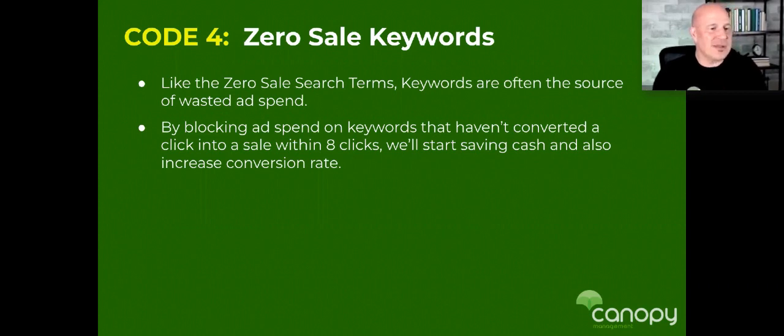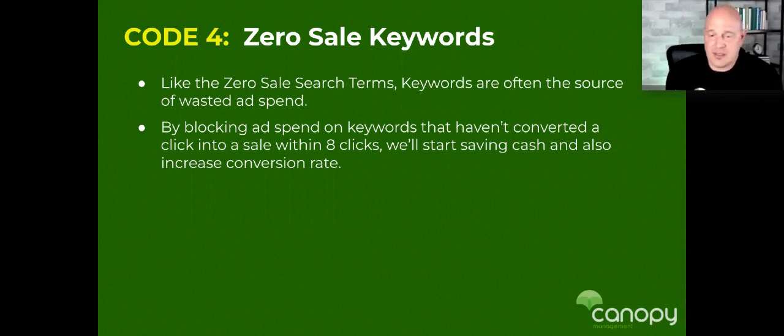So with the keywords, similar to the zero sales search terms, you're looking for those keywords that have reached the minimum number of clicks. Again, I suggest that you calculate it based off of the conversion rate of the product: 1 divided by whatever the conversion rate is. So 1 divided by 20%, for instance, equals 5 minimum clicks before you choose to block that keyword or the search term, as in code 1.